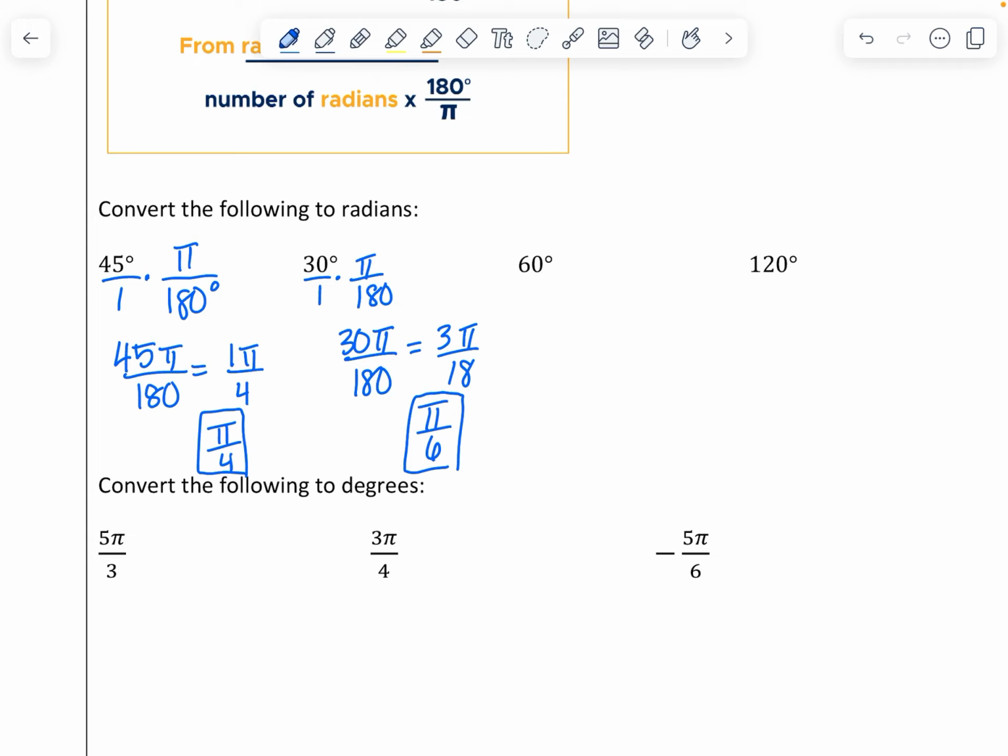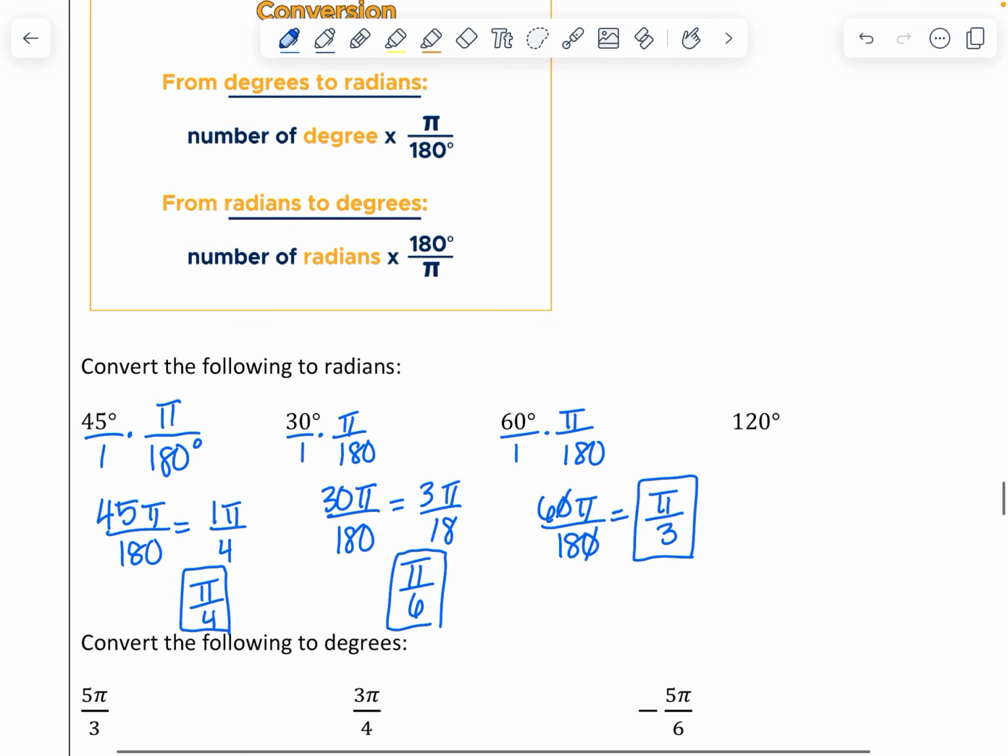So 30 degrees is the same thing as pi over 6. 60 degrees, multiply by pi over 180. So that would be 60 pi over 180, or 6 over 18, which is pi over 3. 6 goes into 18 3 times.